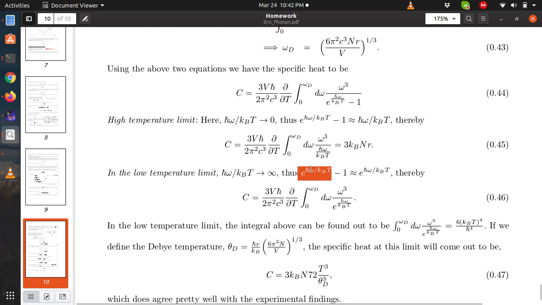If you do so, you will find that the specific heat now becomes this expression here, representing equation 0.46. I am not going to tell you to solve this integration because it is not going to be easy.